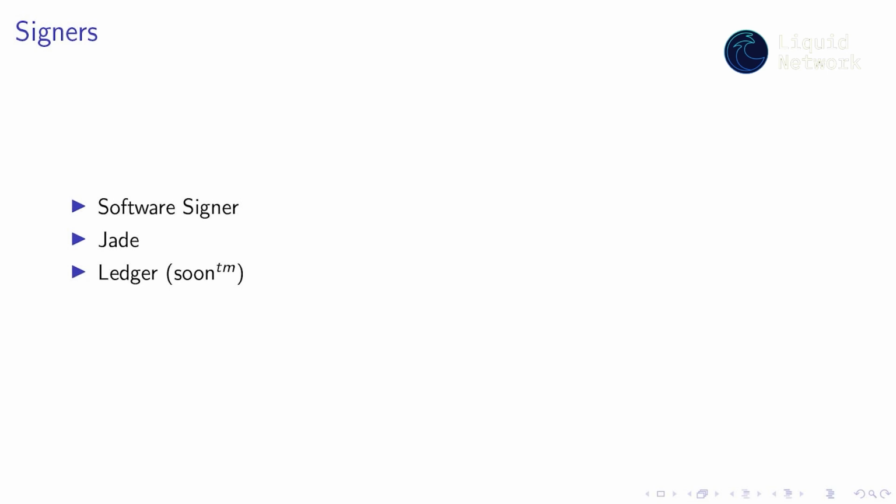Especially if you are developing apps that run in the browser, it's something that you perhaps want to avoid, or at least discourage in some sense. And then we have the two hardware signers, which are Jade and Ledger, which is in the works and should come in the next months, I guess. We will see in the next demo how to use the software signer and Jade with the CLI tool, and also with the web interface.